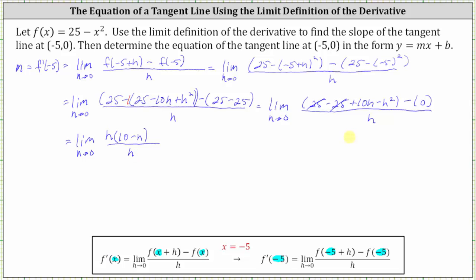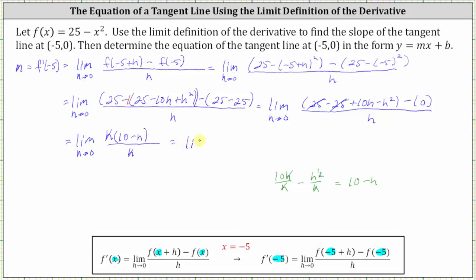So the reason for factoring the numerator is now we have a common factor of h between the numerator and denominator that will simplify to 1. If this factoring was confusing, another option would be to break this up into two separate fractions by dividing the monomials in the numerator by h. Notice how if we have 10h divided by h minus h squared divided by h, we still have 10 minus h.